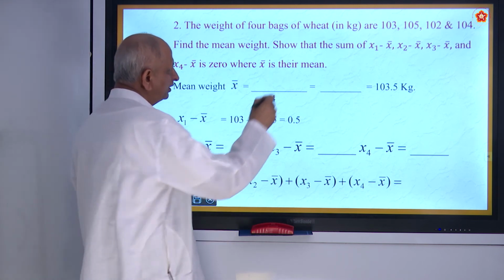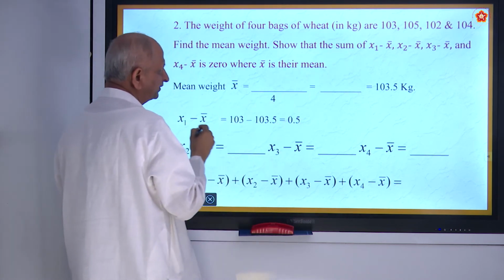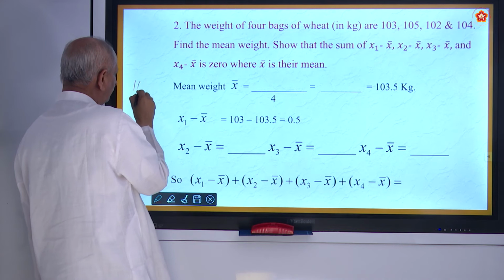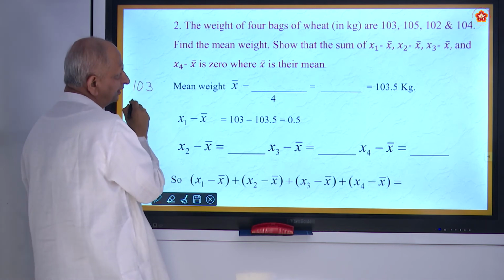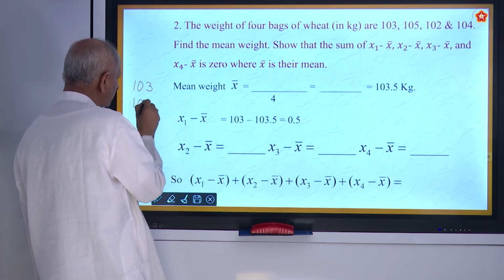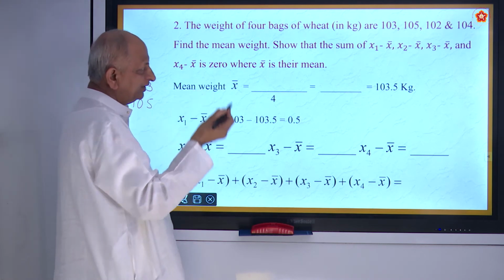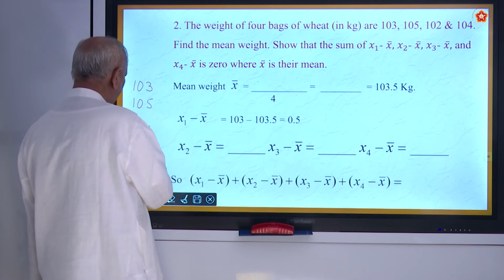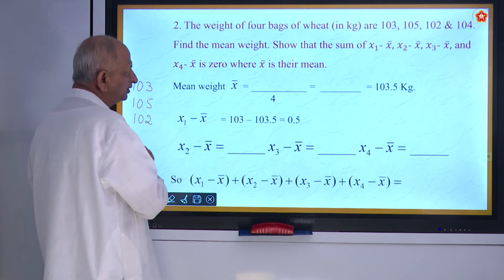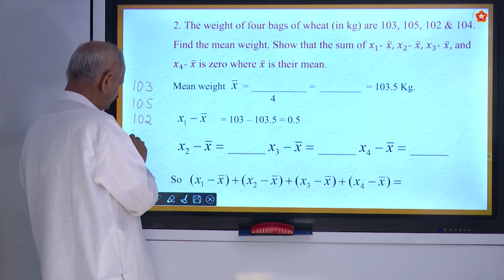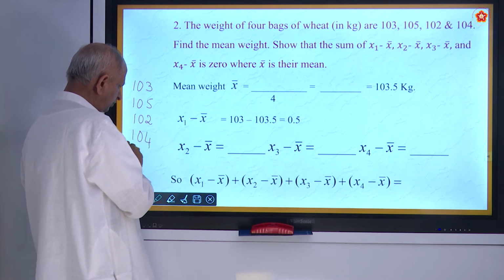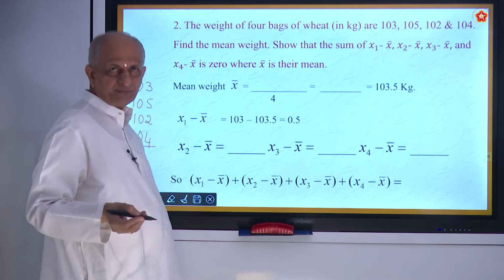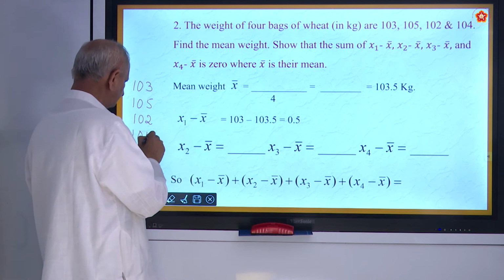So we will find out the average first. So first one is 103, second is 105. You can do orally also, but for the benefit of some students who don't know how to do it, I am showing like this. So write all the figures, then divide by 4.